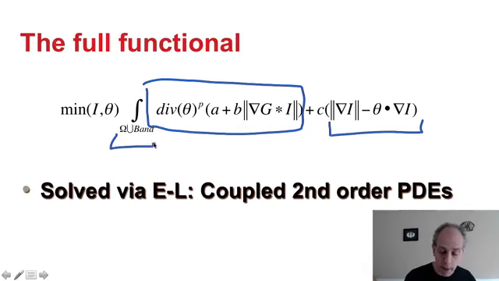Again, the integral is as before in the same region, and A, B, and C are just some parameters that control the weight between these terms, and we are minimizing not only over I, as we did in the previous slide, we also minimize over theta.